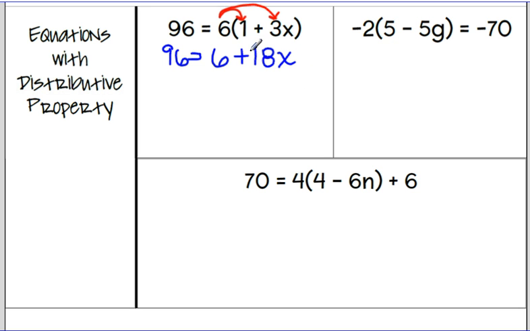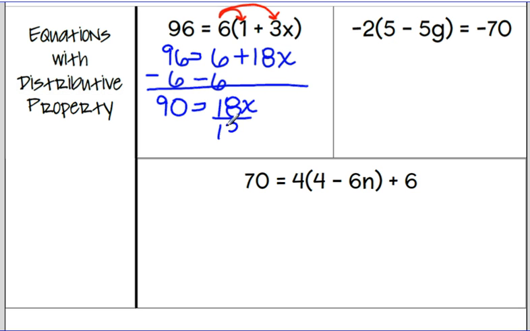So to get this 18x by itself, we need to undo this 6. So to get rid of the 6, we would subtract. And 96 minus 6 is 90. And we're left with 18x on the right side of our equation. To undo this multiplication, we're going to divide by 18. And 90 divided by 18 will give us a value for x to be 5.